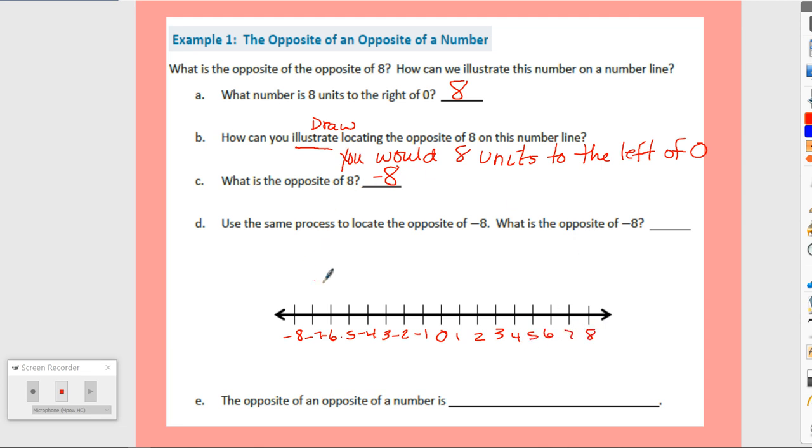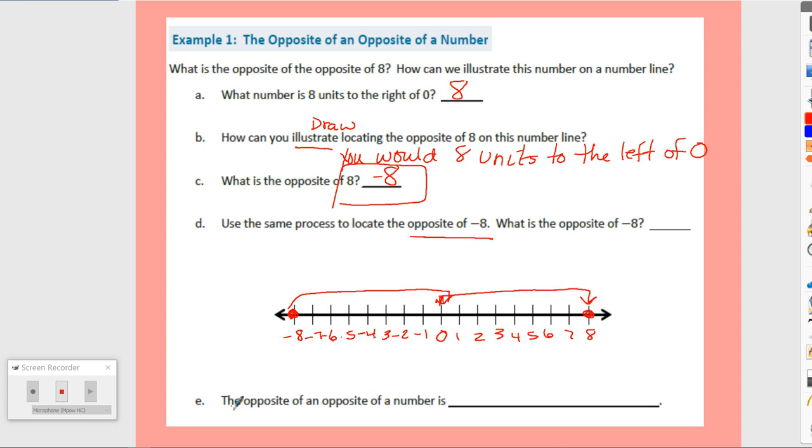And if this is my negative 8, which is where I'm at right here in C, and we want to know the opposite of negative 8. Well, the opposite is 8 to the other side. So instead of going 8 here and being at 0, we would have to go 8 on the other side, and we would land on positive 8.